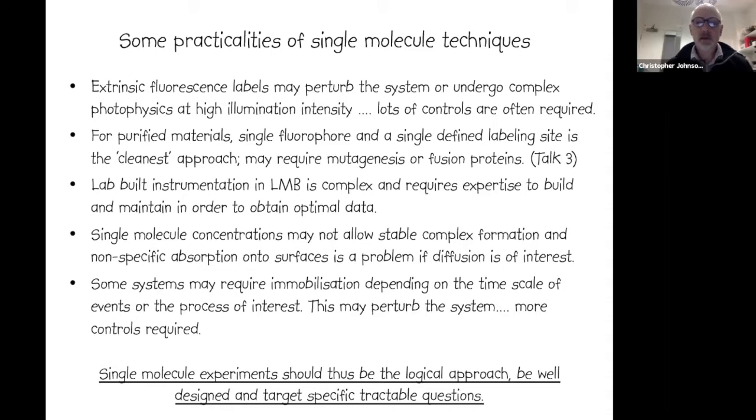So to obtain those labelings in defined positions, we may have to do some mutagenesis on our system, or we may have to resort to using fusion proteins, and labeling strategies were covered in some depth in the third talk in the series.